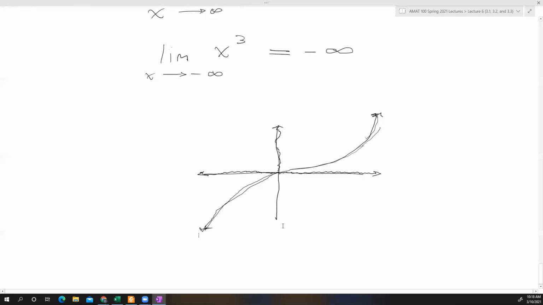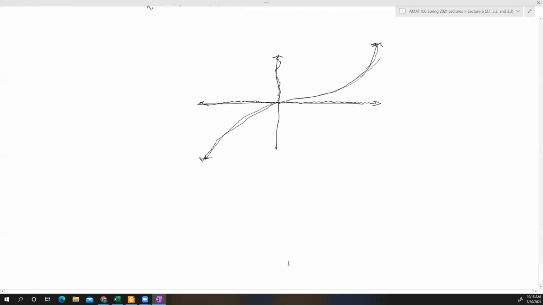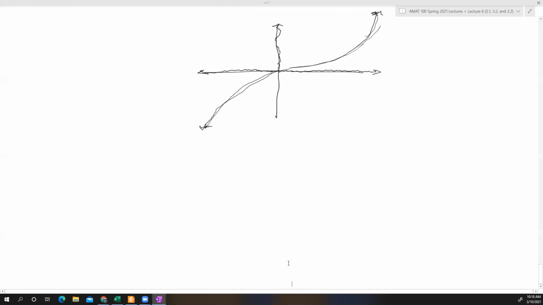Now it turns out that we have this nice dichotomy here with these limits. It turns out that determining the limit really just splits into what is the degree of the polynomial. So I'm going to open the book.